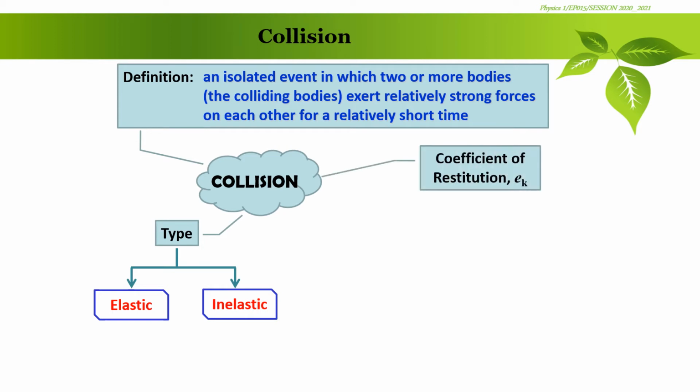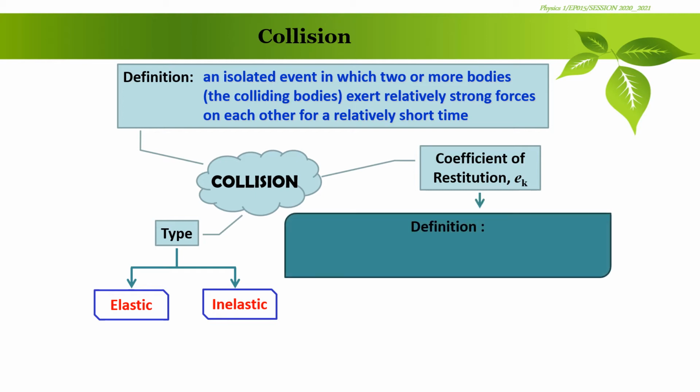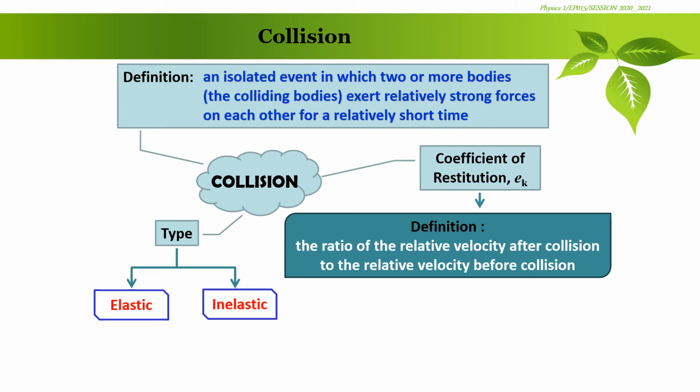The most important thing you need to note in collision is the coefficient of restitution, or its symbol, small letter e_k. The definition of coefficient of restitution is the ratio of the relative velocity after collision to the relative velocity before collision.